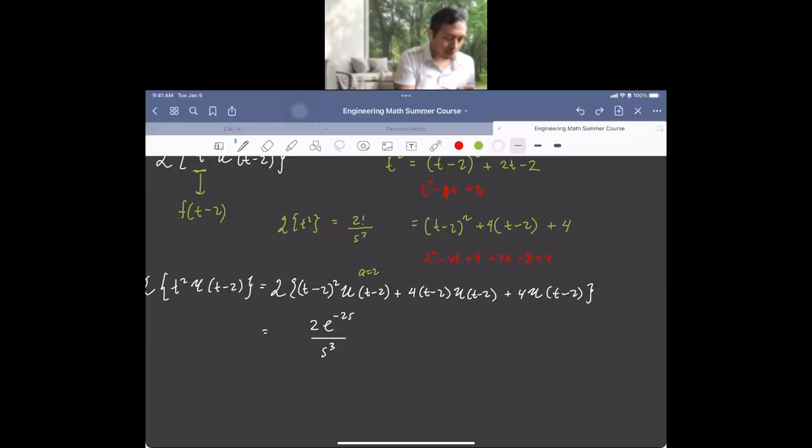And then e with negative 2s is from the Heaviside. And then plus 4t minus 2 is just 4 divided by s squared, because it is just t, and then the Heaviside t minus 2 gives e negative 2s. And then plus 4e negative 2s. This will be defined just by that.